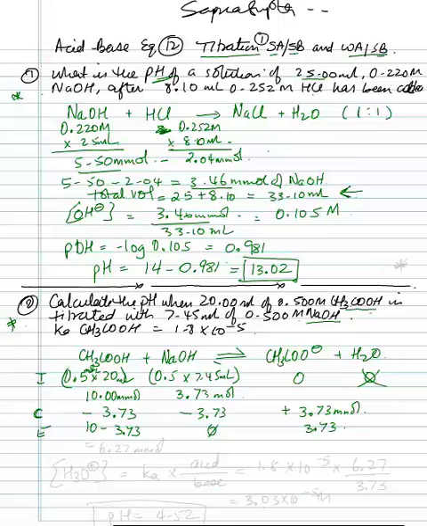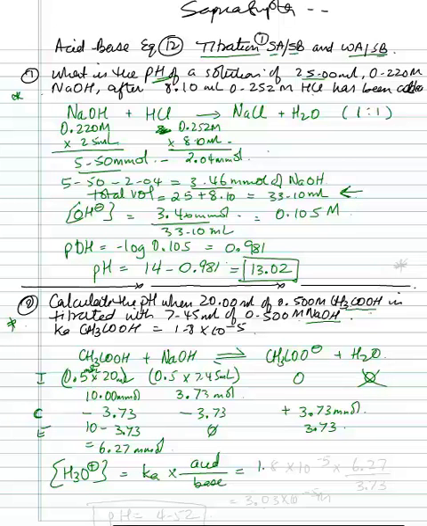When you do the subtraction, this is 6.27 millimoles. All right, so those are our amounts, and then we go ahead and plug them into the equation that we know: H3O plus is equal to Ka times the acid concentration over the base concentration.